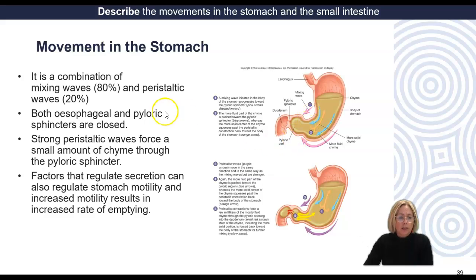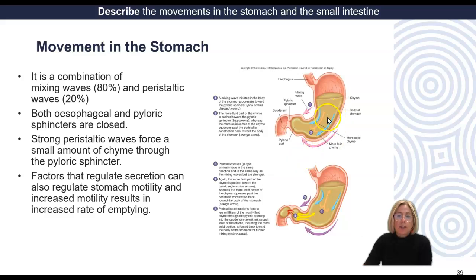Okay, in terms then of movement in the stomach, this diagram shows you it here. It's in an awful lot of detail, so we'll just summarize it here. It's a combination of mixing waves, so 80% mixing waves. Remember, I said that the stomach is like a big churning container, constantly mixing that chyme. And then 20% of the movement are these peristaltic waves. Both the esophageal and the pyloric sphincters are closed.